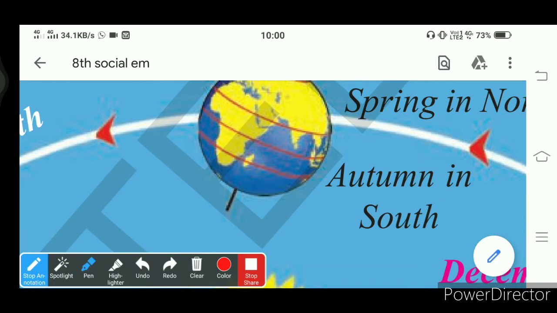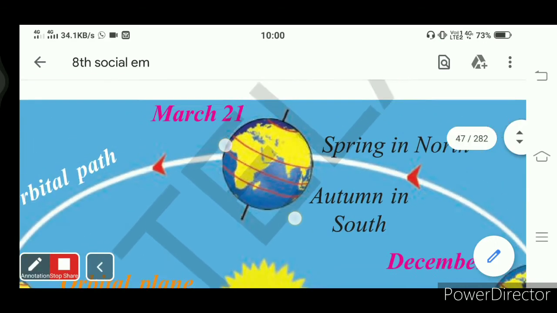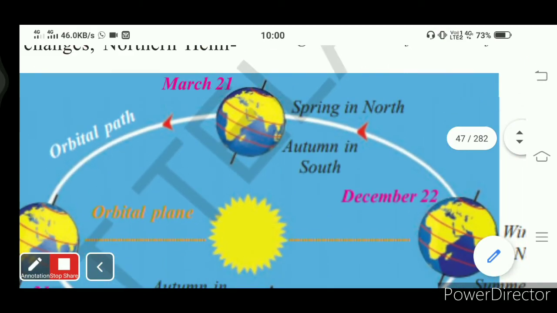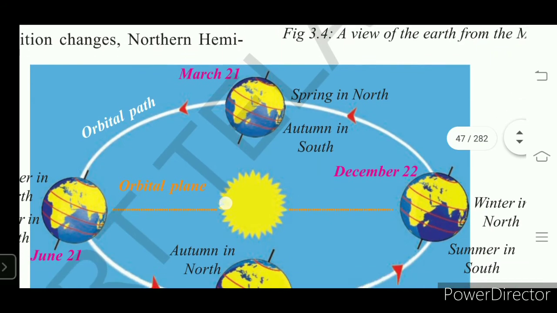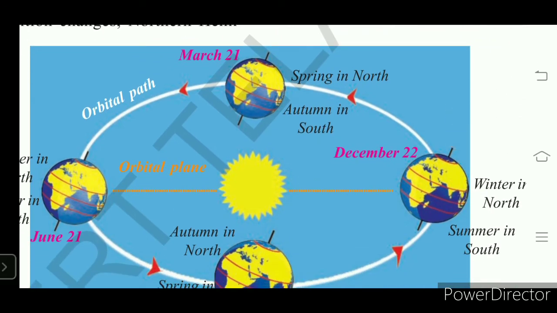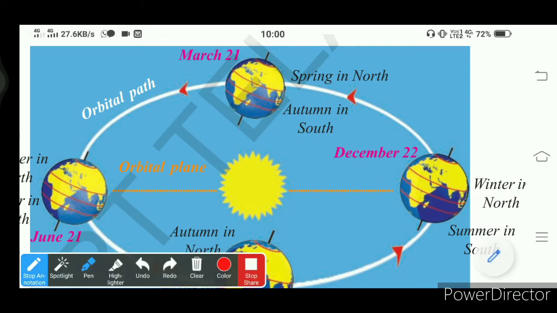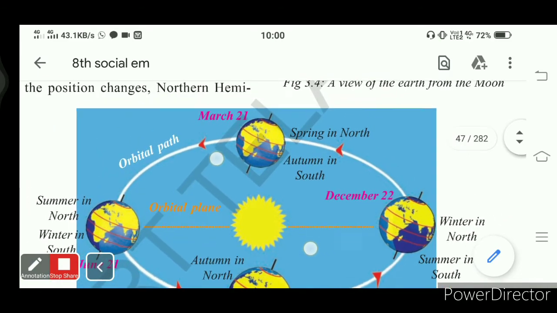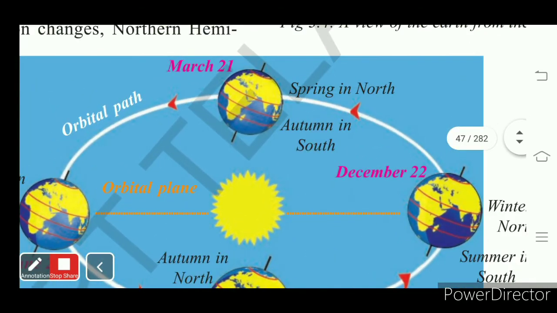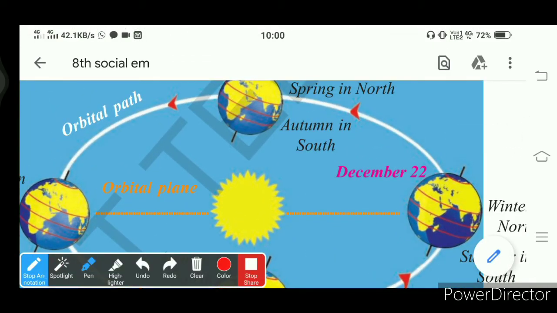Understand? In that way, we see that there is a change in the absorption of heat by the area which is exposed to the sunshine, right? So on March 21st, as the sun shines directly over the equator, it is spring in the north, whereas it is autumn in the southern hemisphere.